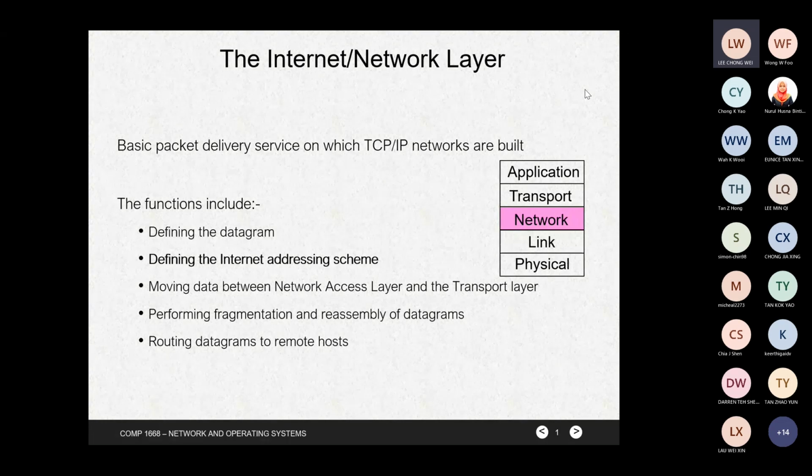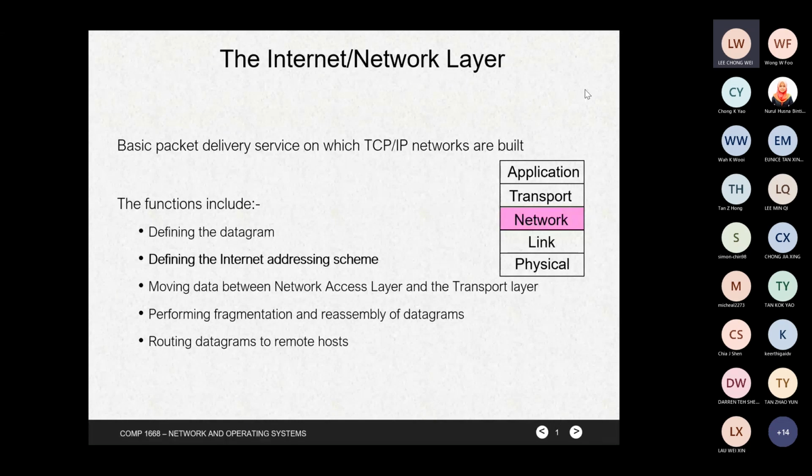The internet and network layer 3 in your TCP/IP model. As we have covered on Friday, the function of the TCP/IP model includes defining the datagram, either it's going to be UDP or TCP, right? And then defining the internet addressing scheme, either version 4 or version 6.